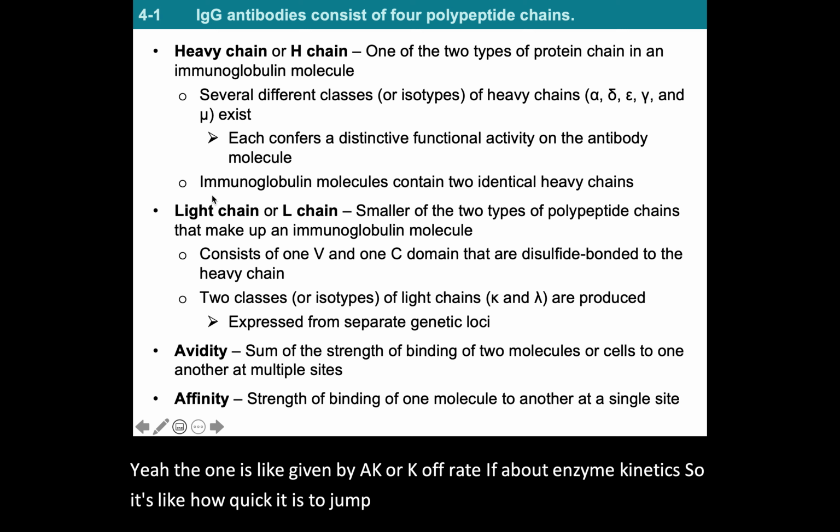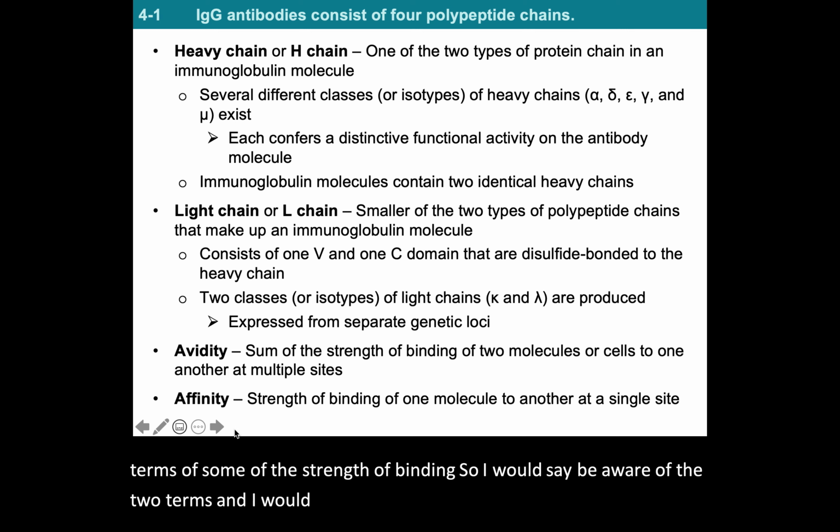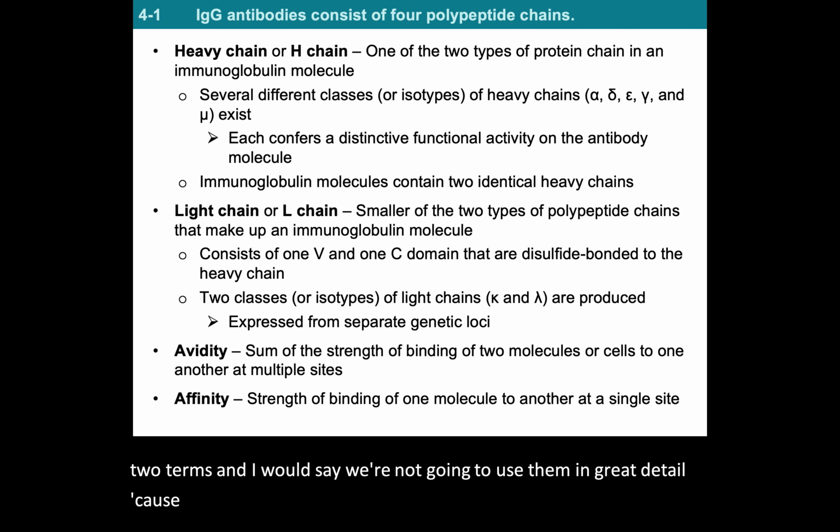That's what they're talking about in terms of the sum of the strength of binding. Be aware of the 2 terms, but we're not going to use them in great detail, because I don't think either of these is a perfect definition of what those terms can be.